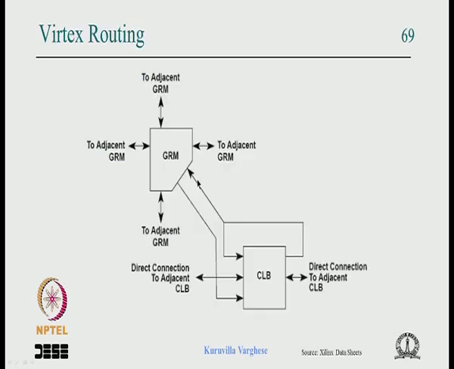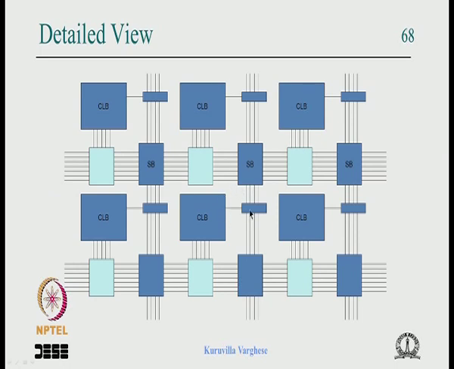What it shows is that the switch has a direct connection to the CLB, and the CLB output is fed back to the CLB input, so it need not go through the general wires. It is not that the CLB output is directly taken here. Suppose it has to be taken to the input, it need not go like this and come all the way back.